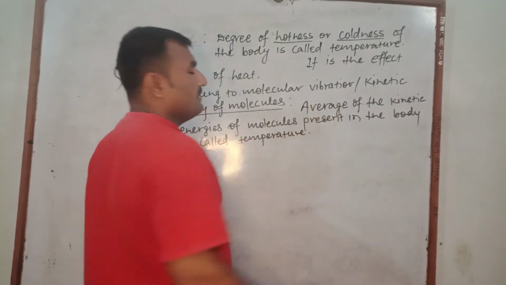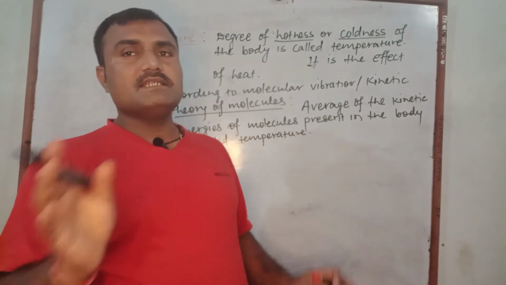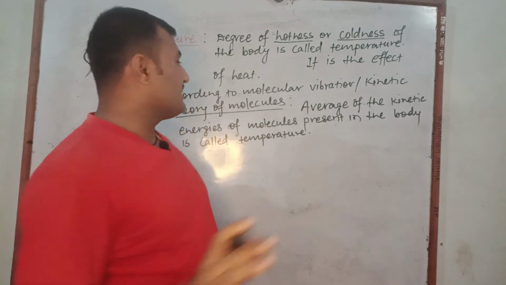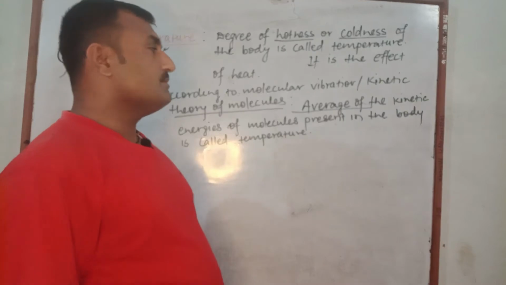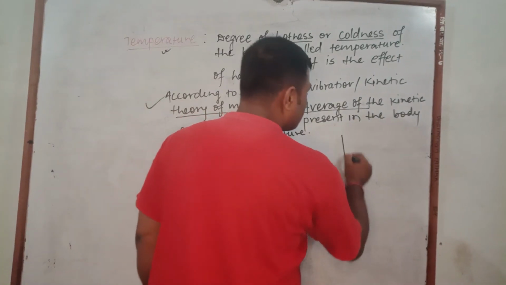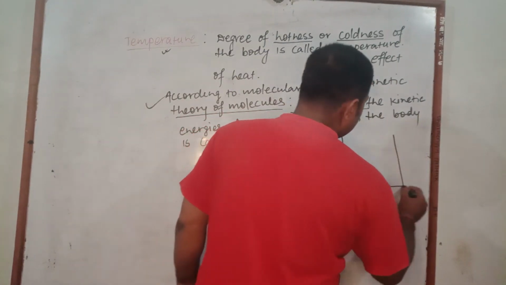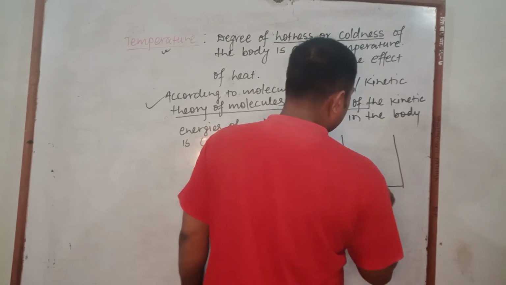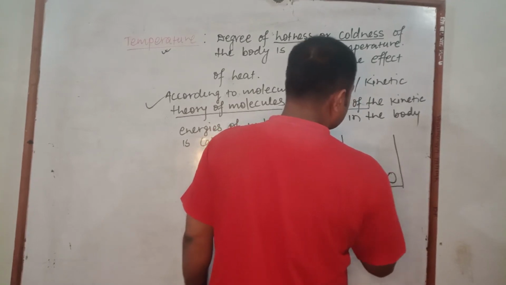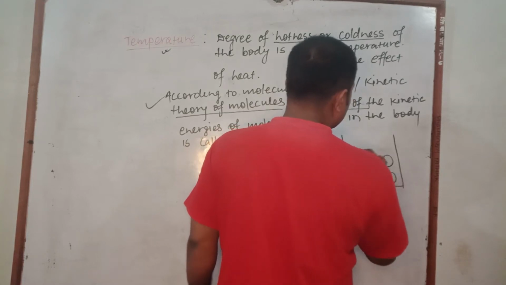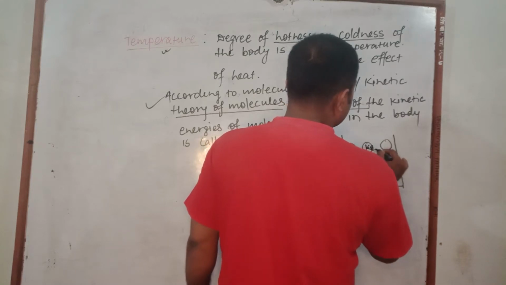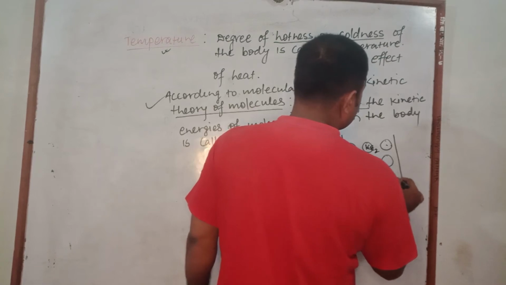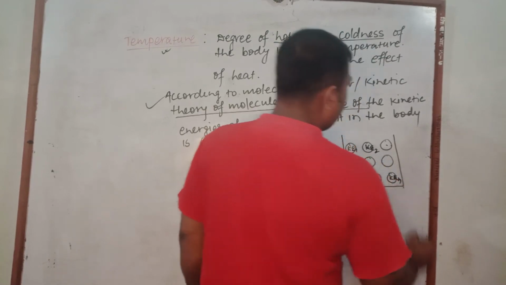Listen, heat is the sum of kinetic energy of the molecules present in matter, while temperature is the average of the kinetic energy of the molecules present in matter. Suppose we take an object which is made up of n number of molecules. The kinetic energy of the molecules is KE1, KE2, and so on up to the kinetic energy of the nth molecule.